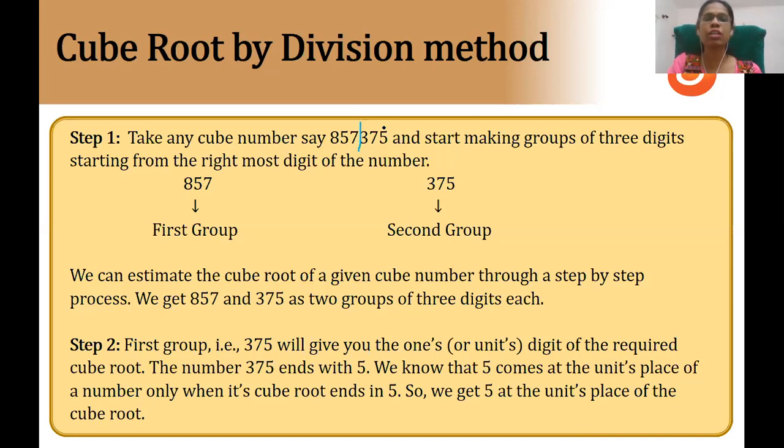We start grouping from the right-hand side: first these 3 digits, then these 3 digits. At a time we take 3 digits only. So my first group is 375 and my second group is 857.